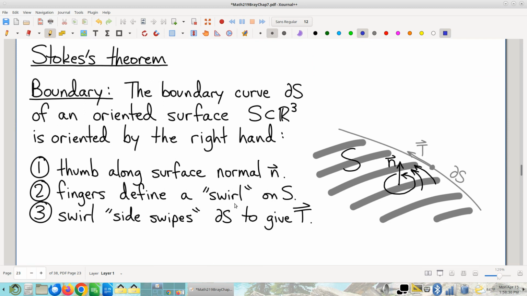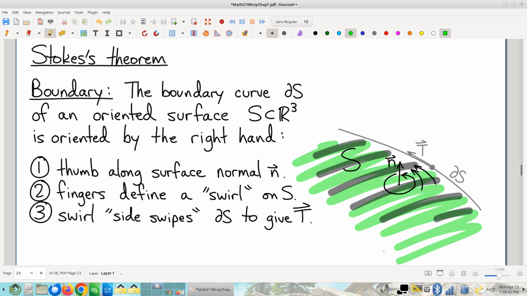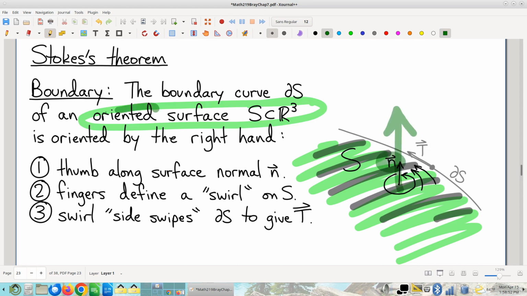We're going to be considering here a surface, what we call an oriented surface. To be clear, an oriented surface is a surface with what we call an orientation vector, right? Oriented surface, which we talked about before. Remember, if you have a solid 3-dimensional thing, the boundary is an oriented surface.